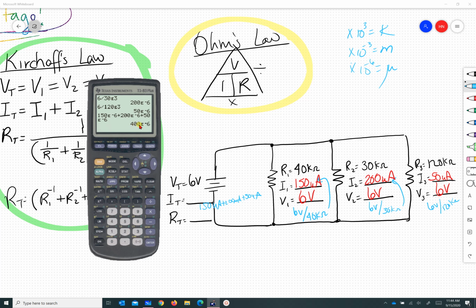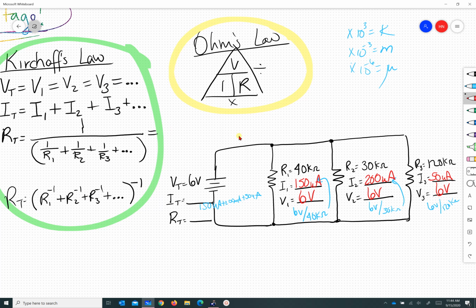So that's a total of 400. Maybe you didn't need a calculator for this because maybe you could figure out that 150 plus 50 is 200, plus 200 is 400. But just to make sure you follow how to enter the numbers in the calculator. So my answer for the total current is 400 microamps. So let's write it in as our answer, 400 microamps.